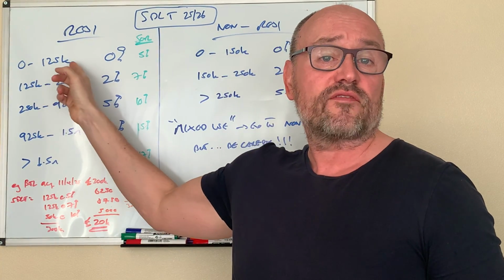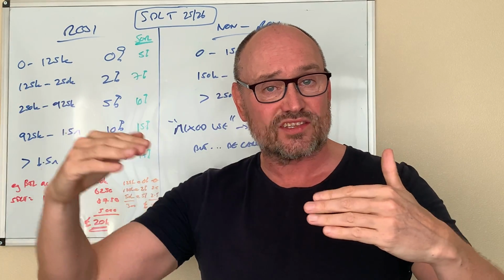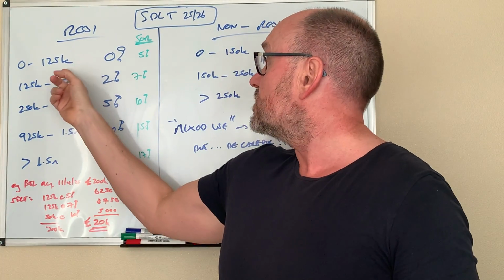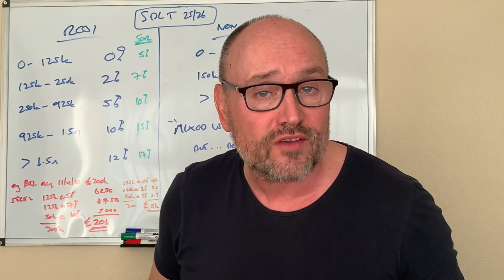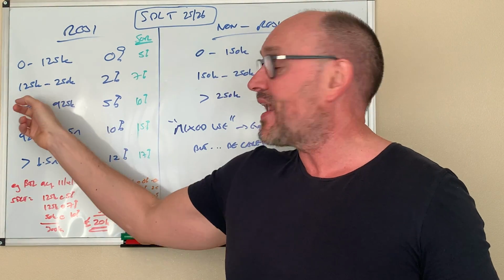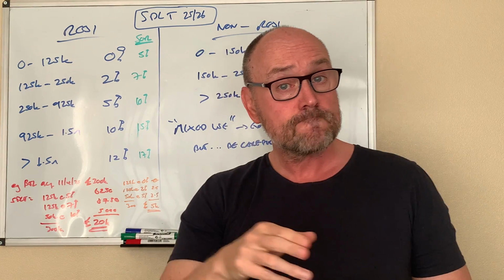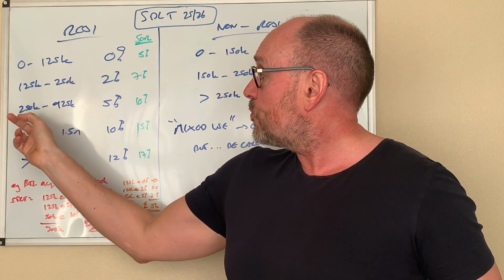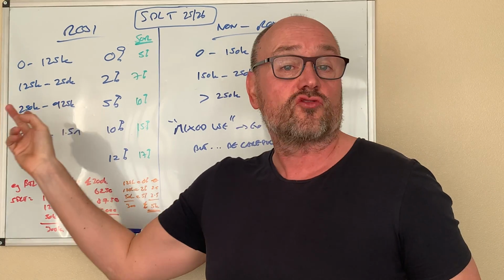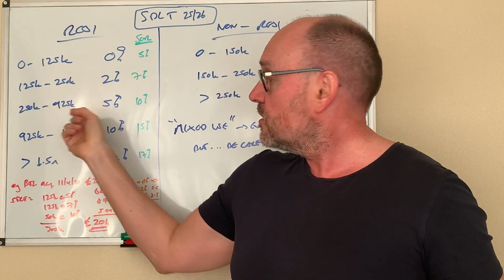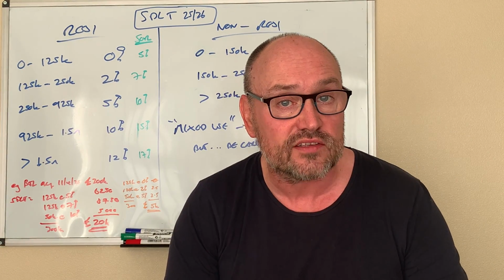Up to 125,000, 0%. Now, remember in the UK, it's on a slice system, so if the property is more than 125,000, you still get the first 125 grand at 0%, but then the next banding from 125 to 250, that is 2%. All right? And then if the property is between 250,000 all the way up to 925,000, on that slice, if you will, tax rate 5%.